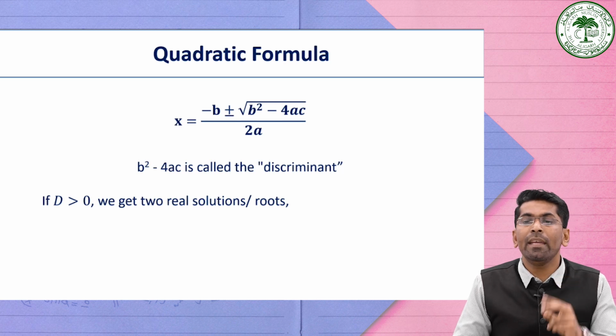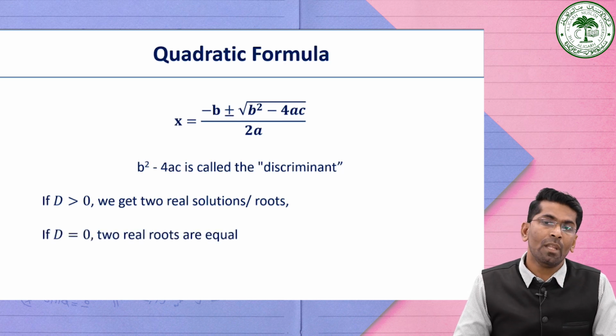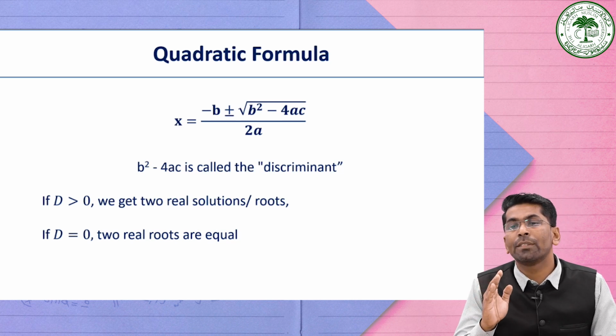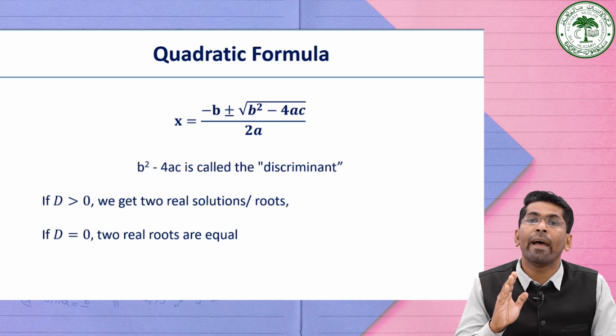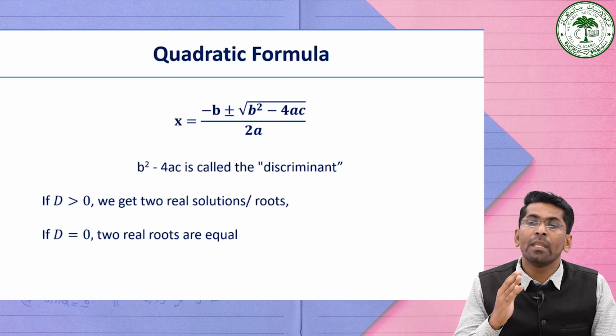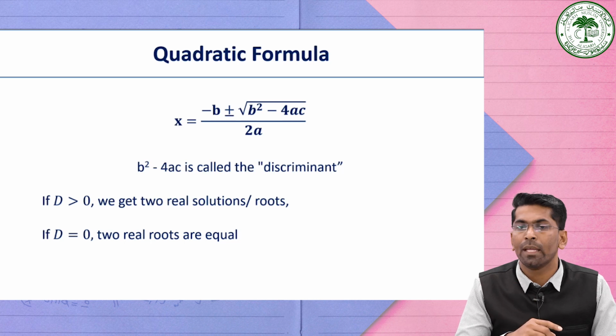So if d is equal to 0, what happens here? It indicates that the quadratic equation has two real roots, but they are equal, or repeated. Geometrically, if you represent this particular parabola, what will it become? The parabola touches the x-axis only at one point.